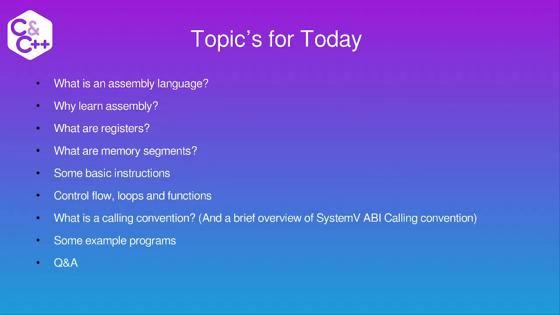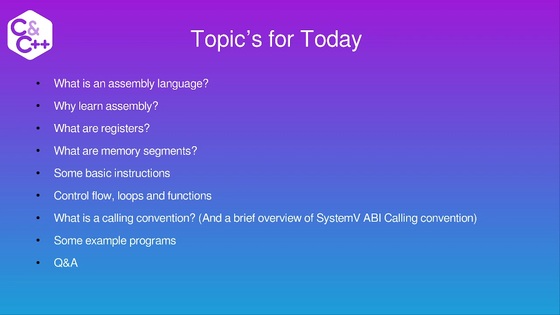So these are the topics I will be covering today, which are what is an assembly language, why should you learn assembly language, and then after we learn what's an assembly language and why we should learn it, we'll start diving into what's in the CPU, and because assembly language is a programming language that is designed for CPUs, we're going to look at what's inside the CPU, and we're trying to understand what it is, how it's working, and how to use them.